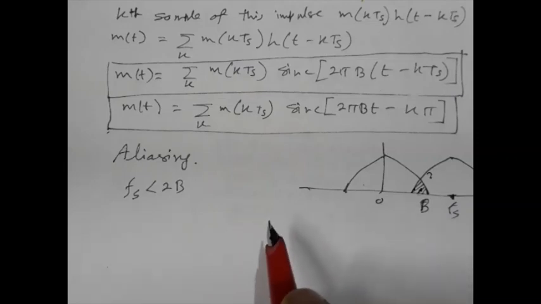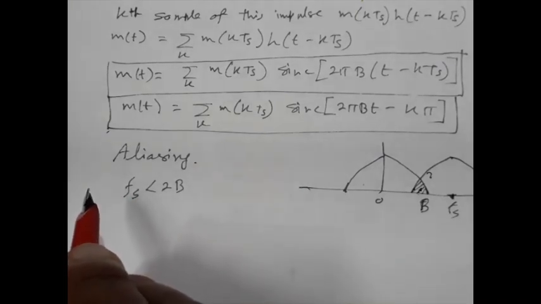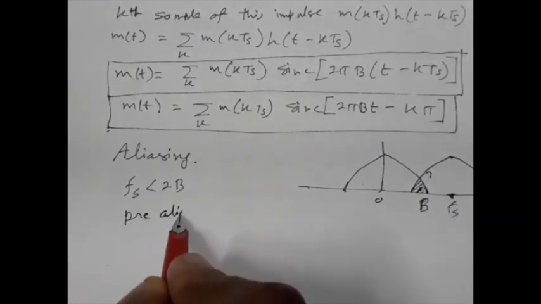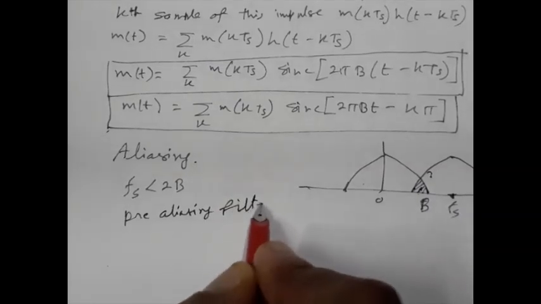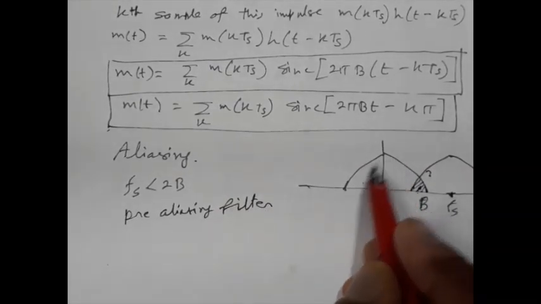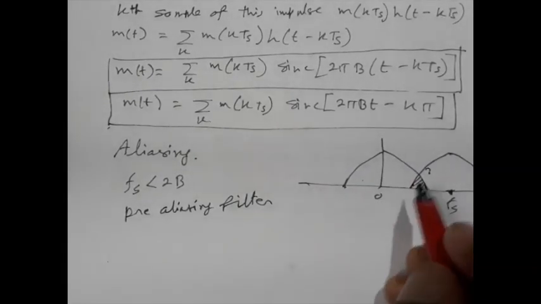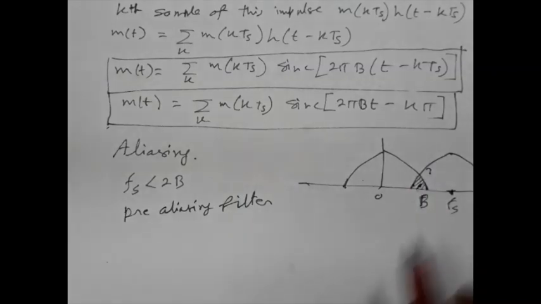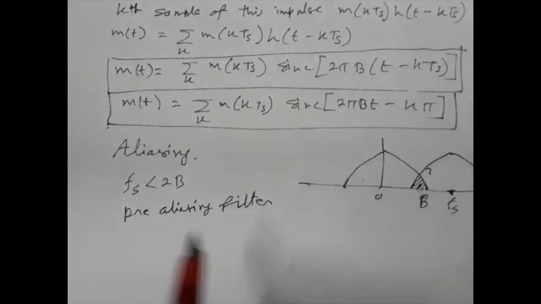This low pass filter is also called the pre-aliasing filter because it is used to prevent the aliasing effect. That means before sampling, we have to pass this signal m(t) through a special low pass filter so that the tail of this portion is removed. If there is no tail, then there will be no aliasing.